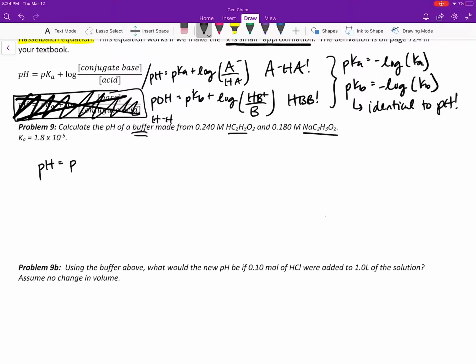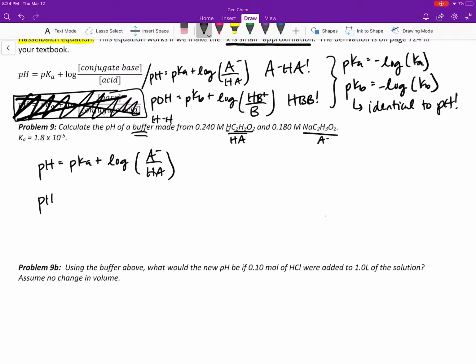So pH is equal to pKa plus the log of aha. Now, you might be asking yourself what the advantages of remembering aha are. Well, in this case, I can very clearly see that this is HA, and that this is going to be A minus. And so I know where I'm supposed to plug those in.